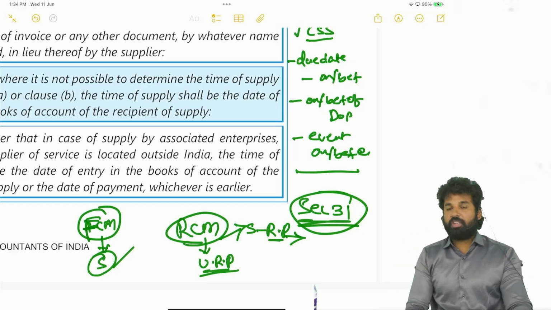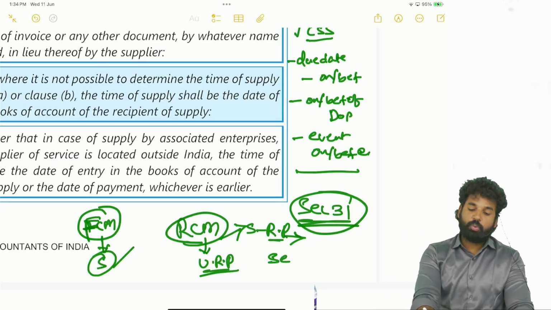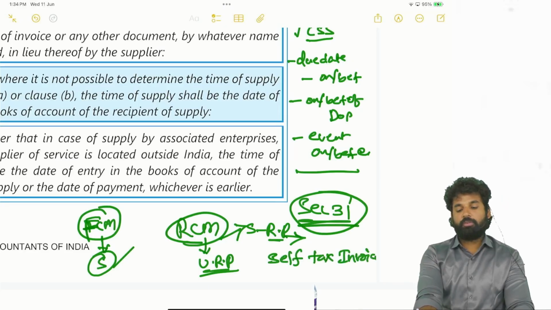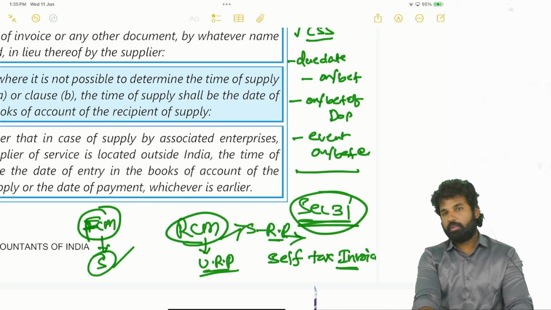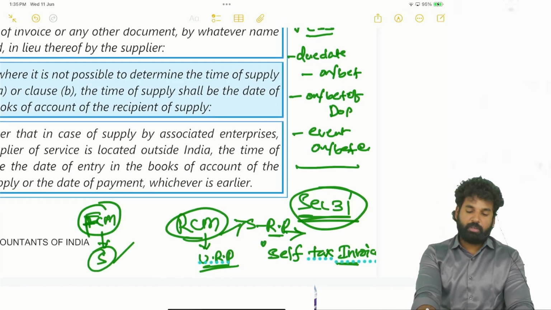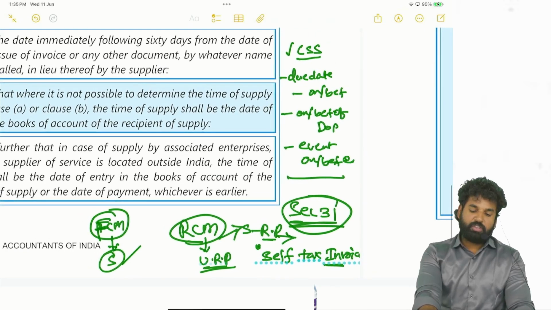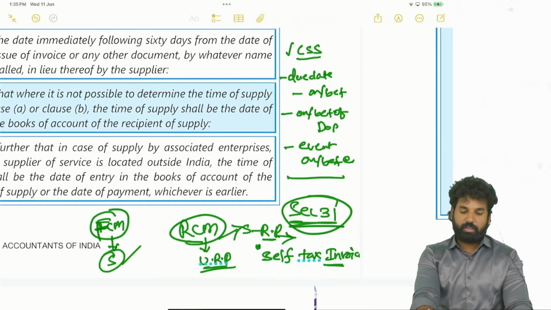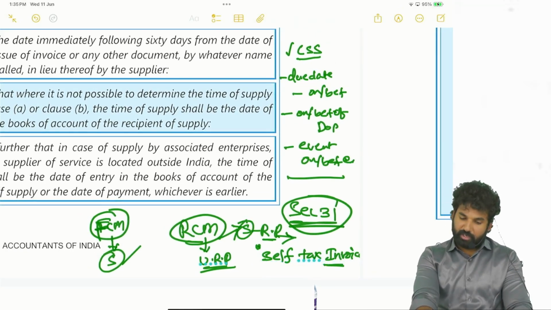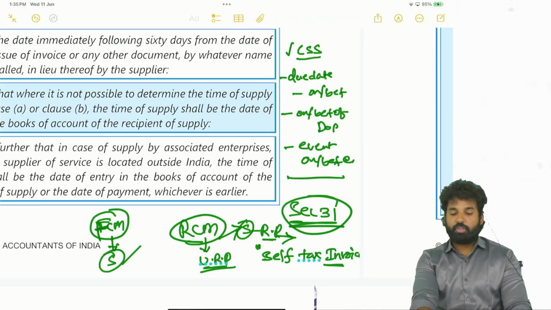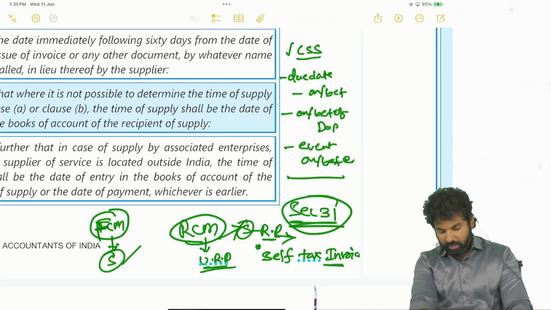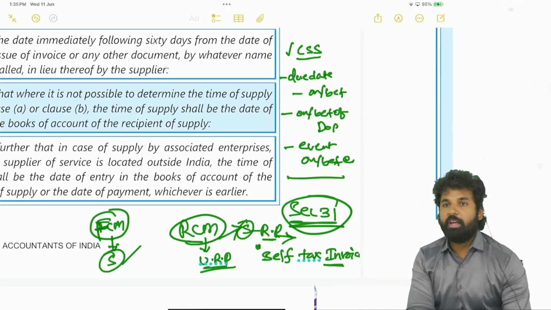The recipient has to pay GST. In such cases, the recipient will issue a self-tax invoice. We already told this, do you remember this? So in reverse charge mechanism, if the supplier is a registered person, he has to issue the invoice. Otherwise, a self-tax invoice shall be issued by the recipient.